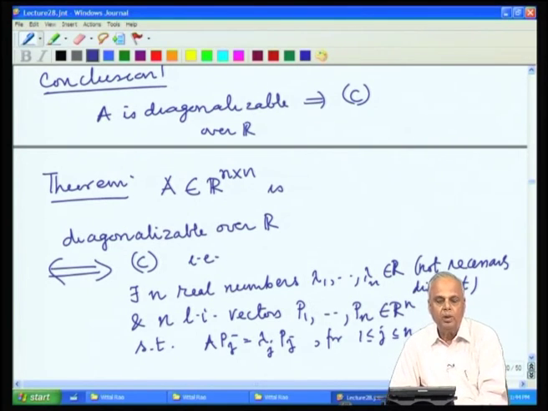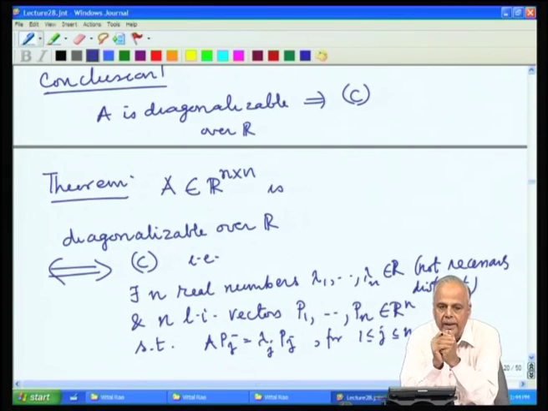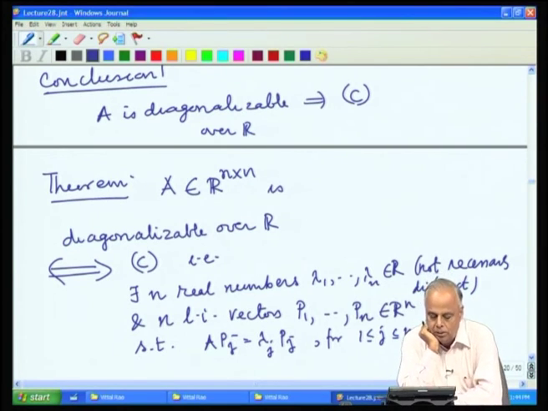So, therefore, we now have a criterion for a real matrix A to be diagonalizable over R. The only problem therefore is, how do I find these numbers lambda 1, lambda 2, lambda n? How do I find whether there exist these numbers?